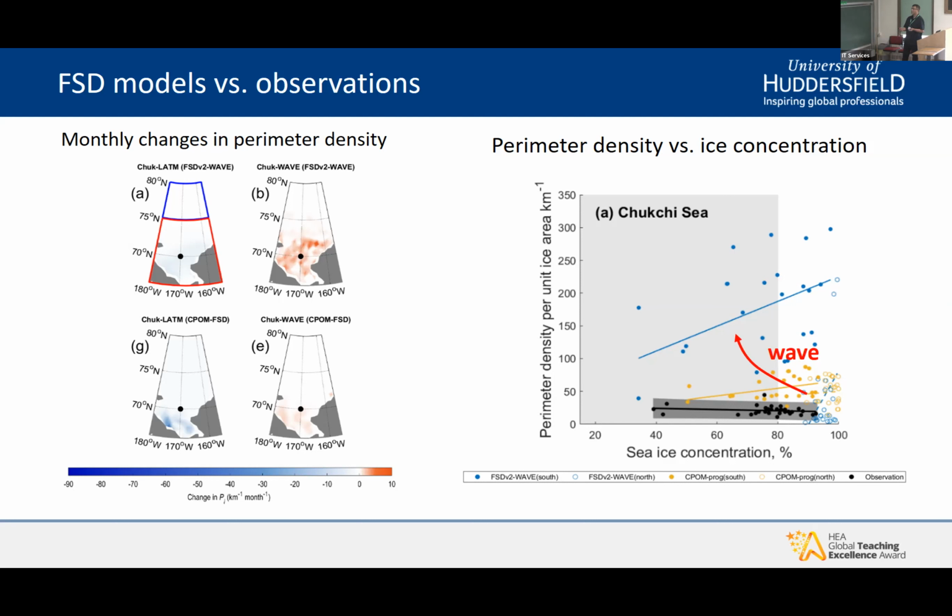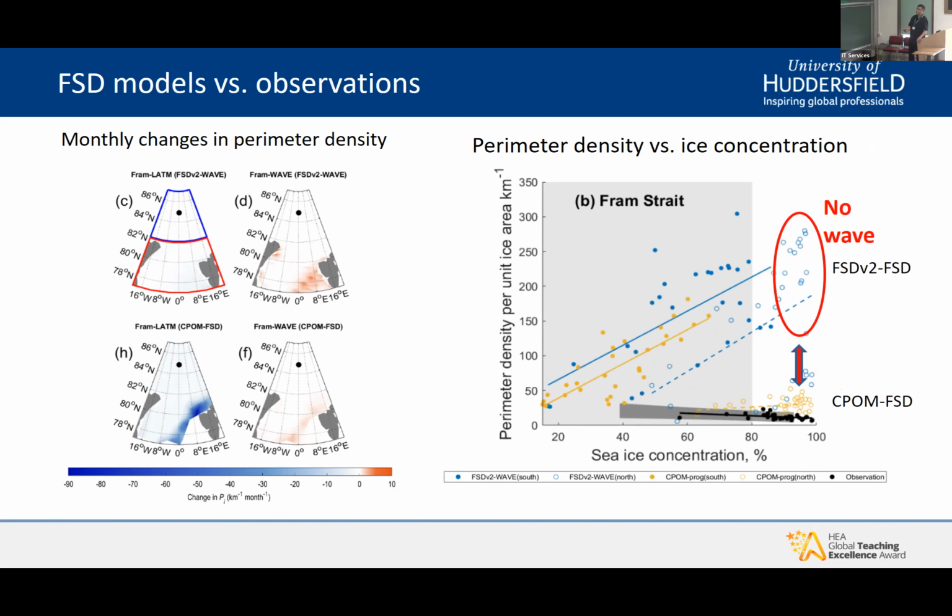However, this shows the opposite. We believe this has something to do with the wave parameterization in the model, because this shows how monthly change happens in perimeter density due to waves, in this case in a colder region. So that's one thing we're trying to investigate more.